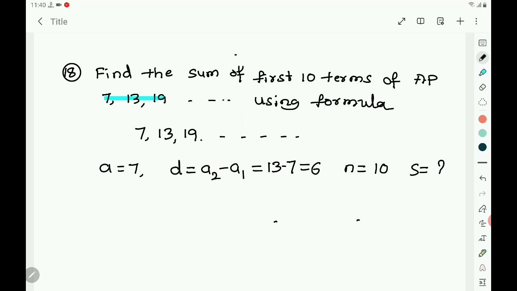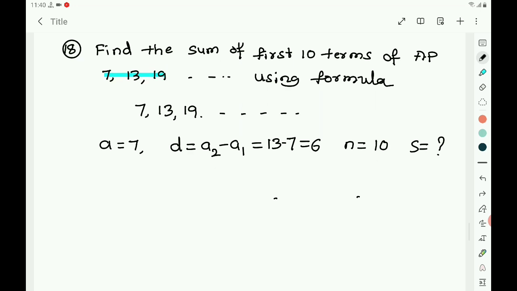Here you can use the formula by given A, D and N, that is Sn equals n by 2 into 2a plus n minus 1 into D, or you can get A10 first, that is nothing but L, and by substituting L in the equation Sn equals n by 2 into a plus L also.